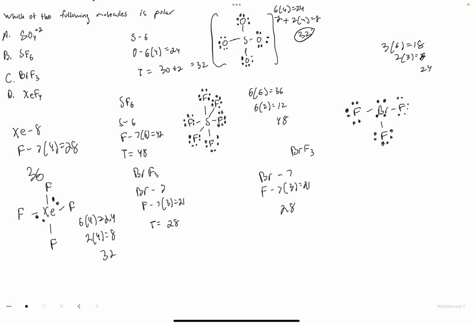The one exception with XeF4 is these lone pairs just happen to cancel out. And that's why it's also nonpolar, because these are in the square planar shape, which we will talk about in a future video.